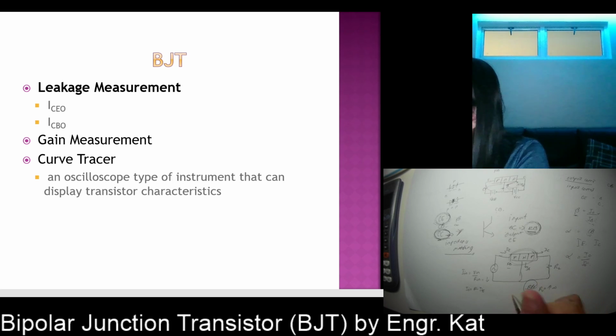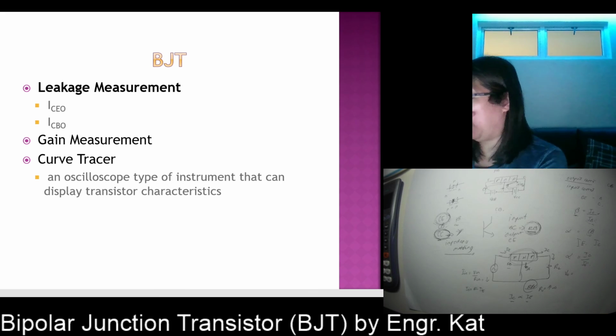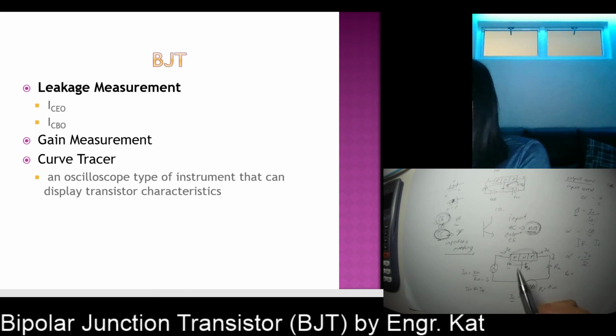So your output current IC here is approximately equal to your IE. Assuming that your base current here is equal to 0, whatever IE we see here, which is approximately equal to your IC, will determine your output voltage here. So we were able to transfer almost the same amount of current to two different resistances here.